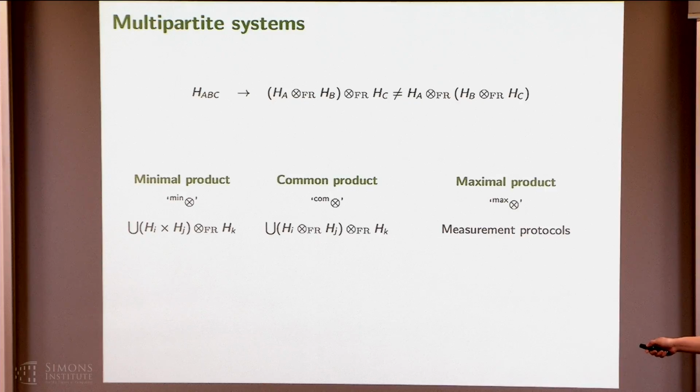So for instance, the hyperedges of the minimal product is just the union of all the possible ways of taking a bipartition between one party and the rest of the parties, where you take the Cartesian product of the edge set and then fully random with the remaining party. And here, you just take the union of all the possible ways of taking bracketings in the fully random expression.